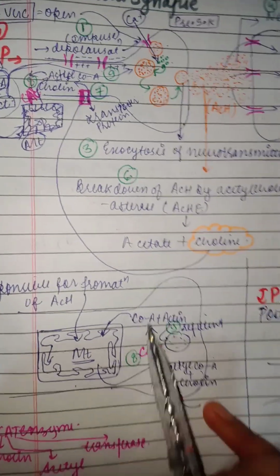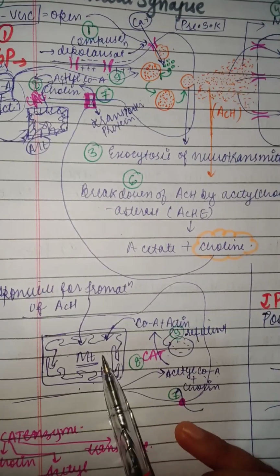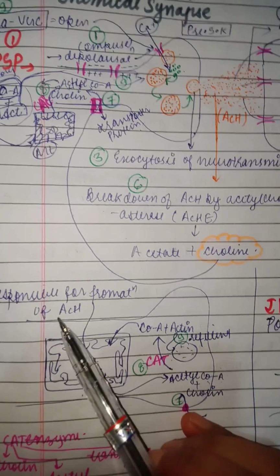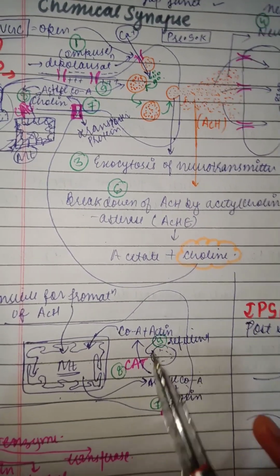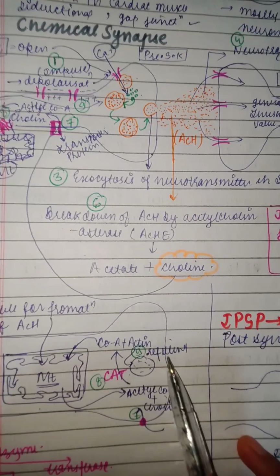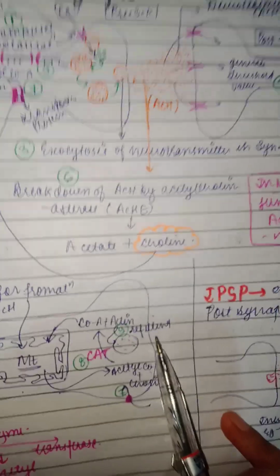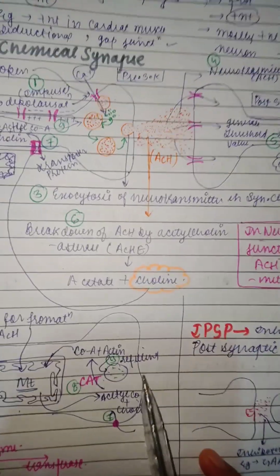This coenzyme A also goes into the mitochondria and helps in the formation of acetyl coenzyme A, and this ACh goes and helps in the refilling of the synaptic vesicles.